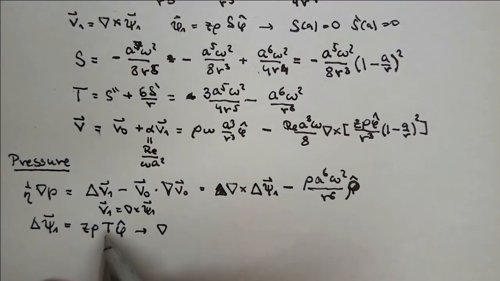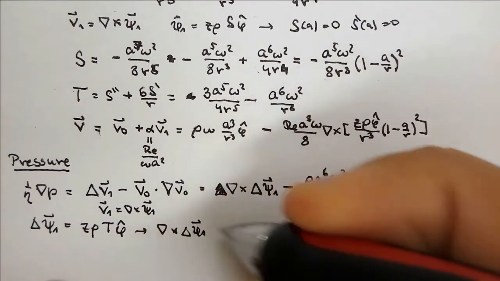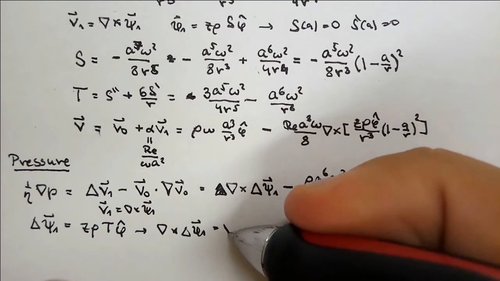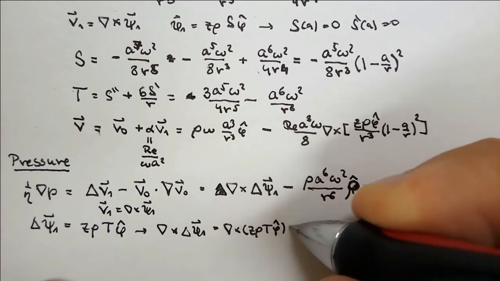Psi1 is 0, 0, s, and the Laplacian of phi is 0, 0, t phi hat. So the curl of the Laplacian of psi1 is the curl of 0, 0, t phi hat.